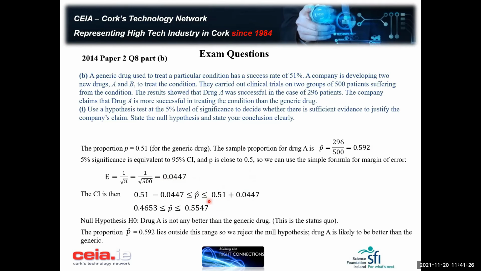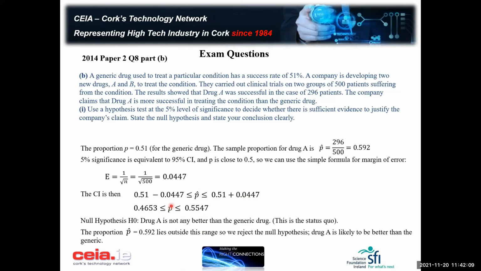So your confidence interval then is 0.51 plus or minus this margin of error. If the true proportion is 51%, we know that there's a 95% chance that a measured sample p hat would lie between 0.51 minus this margin of error and 0.51 plus this margin of error, which is in this range, 0.46 to 0.5547.